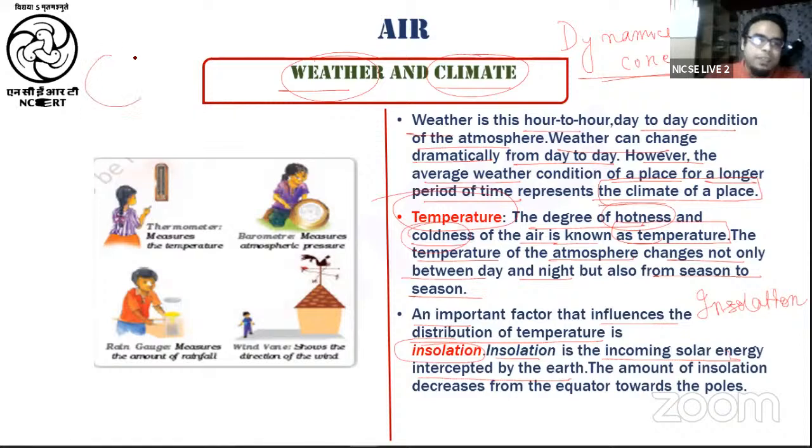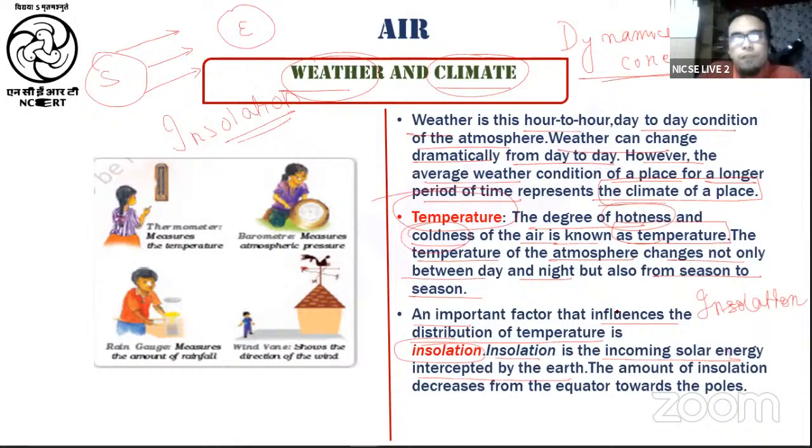Now here we have the sun, right? And here we have the earth, right? So I was talking about the sun's radiation, right? So these sun's radiations are being directed towards the earth and reaching the surface of the earth, right? So these radiations which are being emitted by the sun and which are reaching the earth are called the insolation.